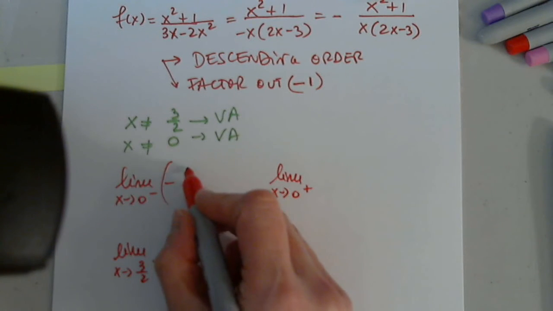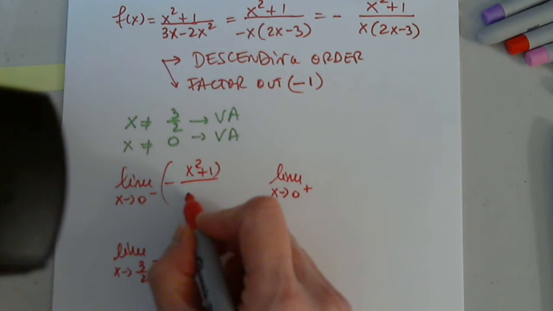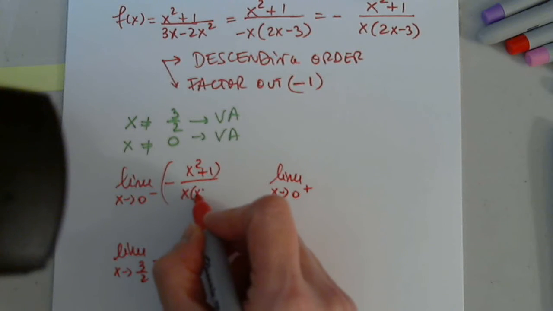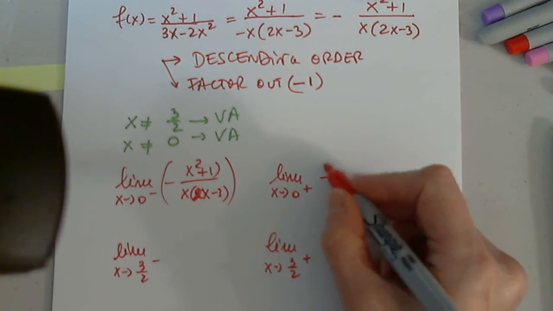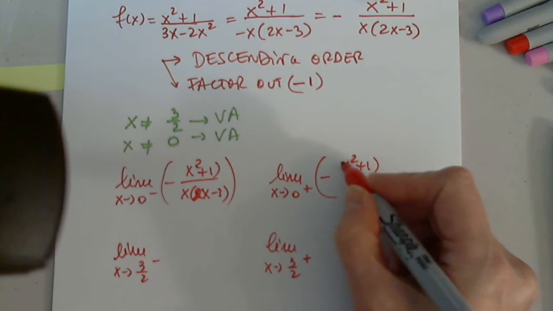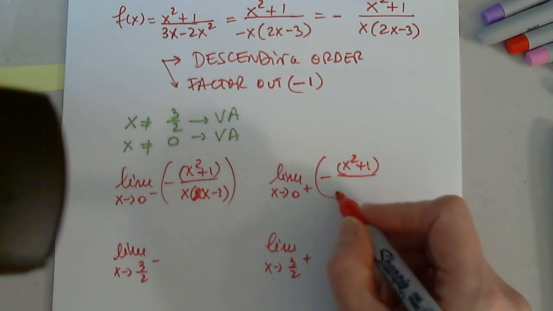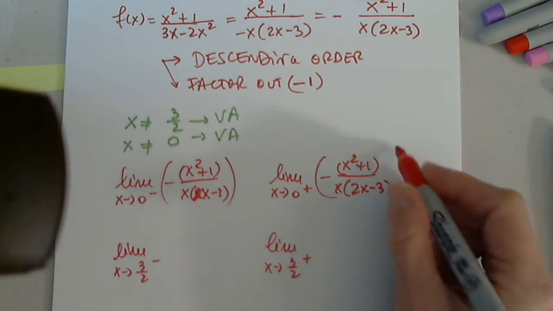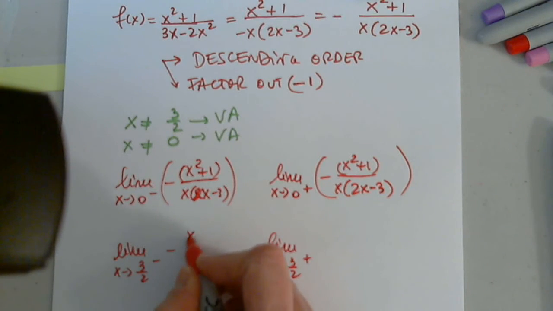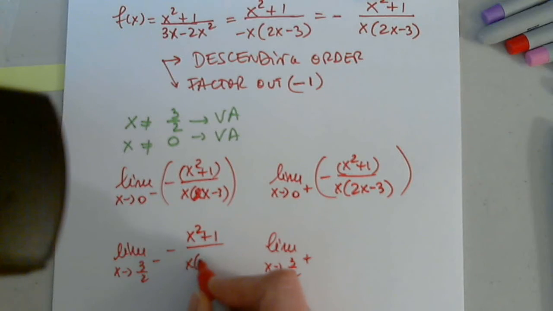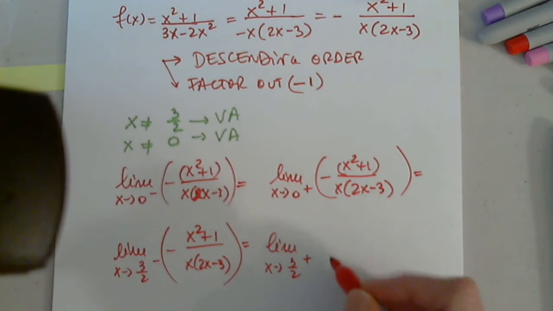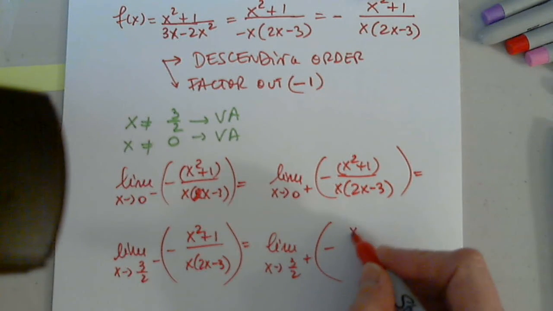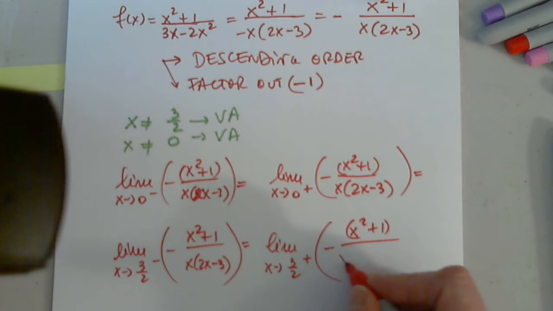From, of course, negative x squared plus 1 over x times 2x minus 3, and the same all over. We've done this in pre-calculus all the time. It's just that now we know this operator that we have not used before. Everything is the same.